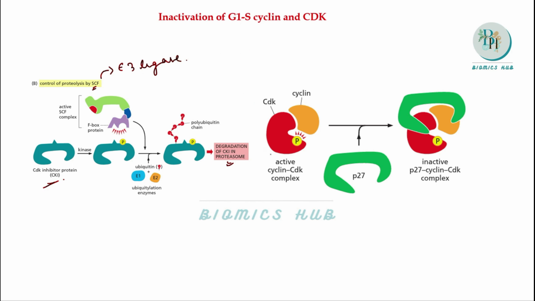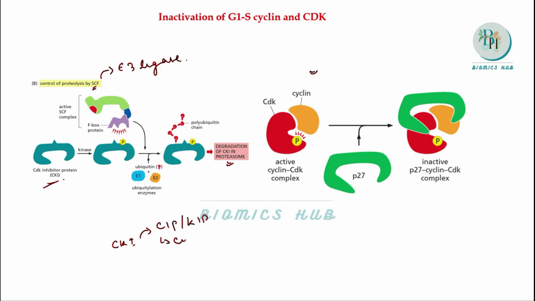So SCF is an E3-ubiquitin ligase, and it is controlling this. There are some other components like CKIs. One example of CKI is P27. The CKI can be of the CIP or KIP type. What is CIP?